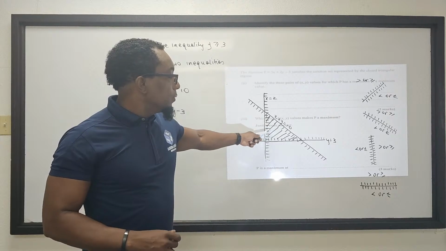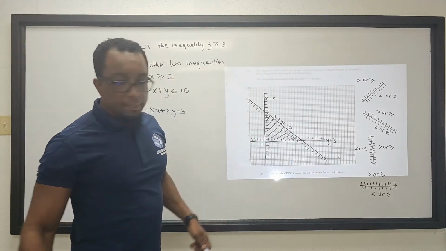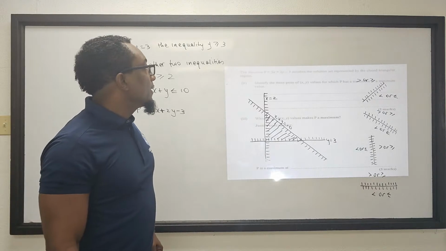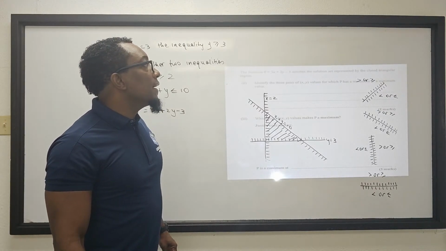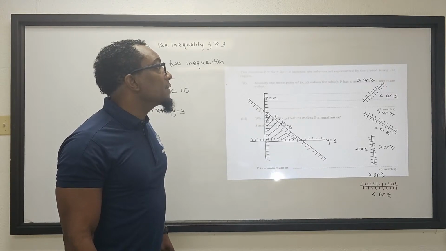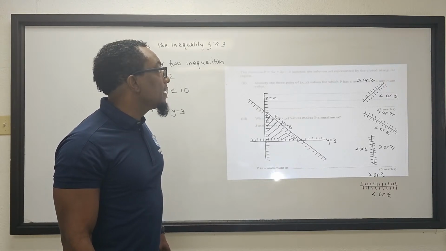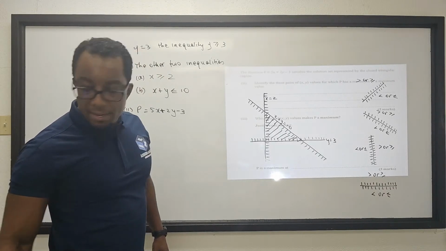So this is our closed triangular region here. And they want us to identify the 3 pairs of x and y values for which p has a maximum or minimum value.